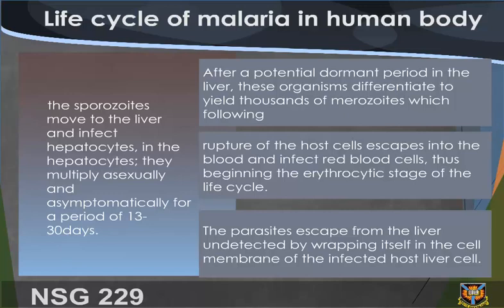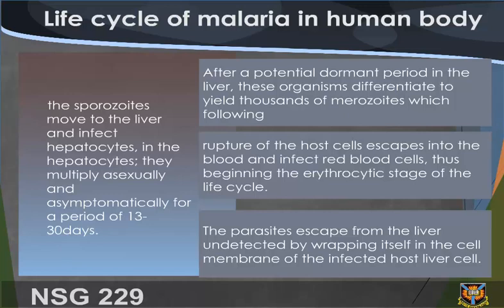After a potential dormant period in the liver, these organisms differentiate to yield thousands of merozoites, which, following rupture of the host cells, escape into the blood and infect red blood cells, thus beginning the erythrocytic stage of the life cycle.